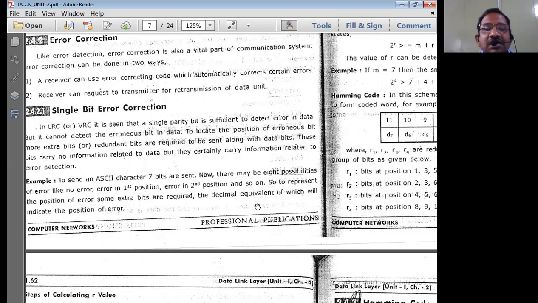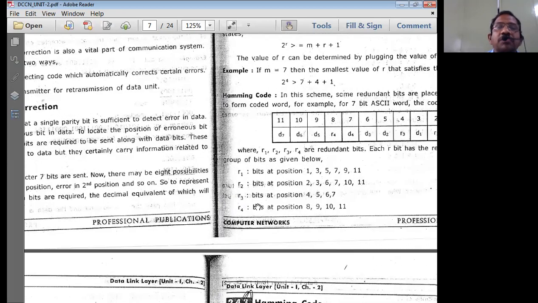So here these extra bits are compulsorily needed, called redundant bits, where the decimal equivalent of the redundant bits we compute will indicate the position of the error. Then the receiver will simply invert that particular bit after it locates the position of the error. So this is the point of discussion now.